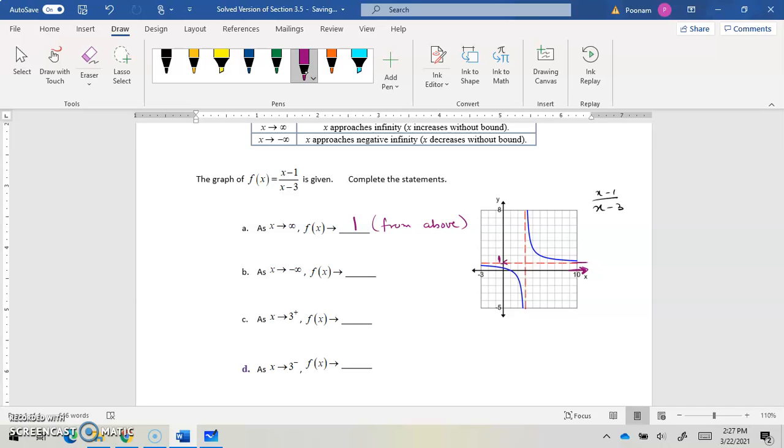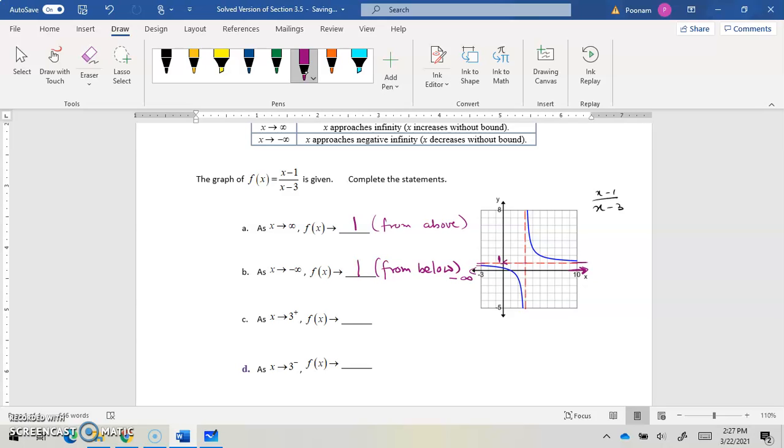What happens when x is approaching negative infinity? When x is approaching negative infinity, it is on the left side. The function is this blue curve. Slowly it keeps on going towards the y value which is at 1. So f is still approaching 1 but from below.